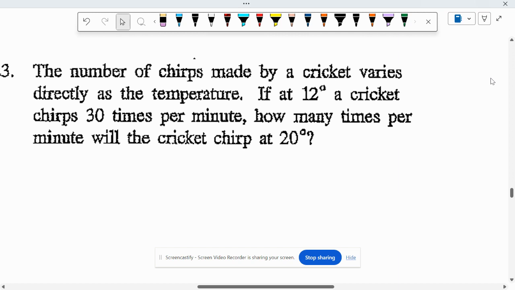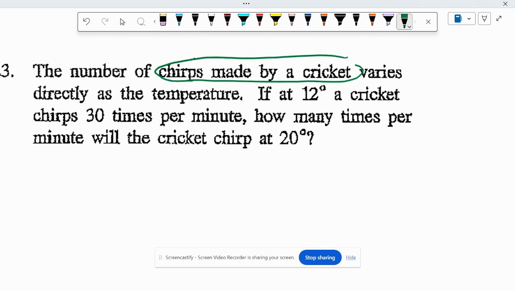Okay, so number 23. The number of chirps made by a cricket varies directly as the temperature. So number of chirps, y, varies directly as the temperature. That's your x. So when x equals 12 degrees, the cricket chirps 30 times. y equals 30.